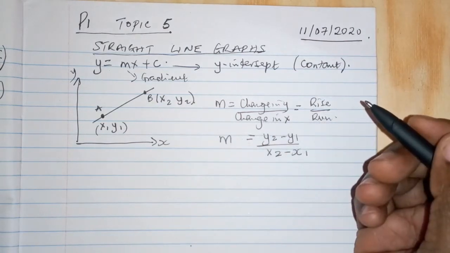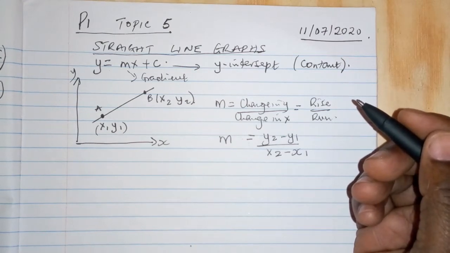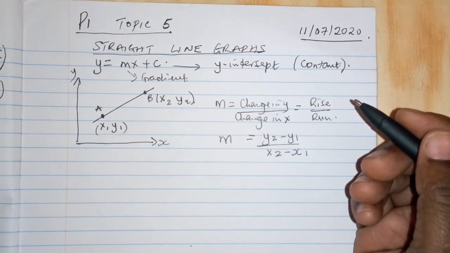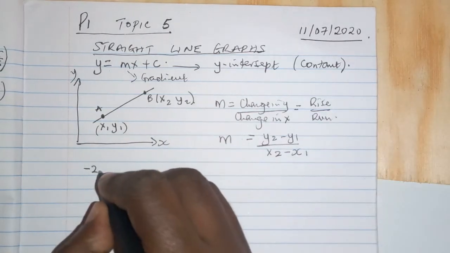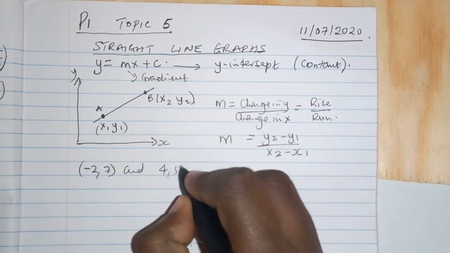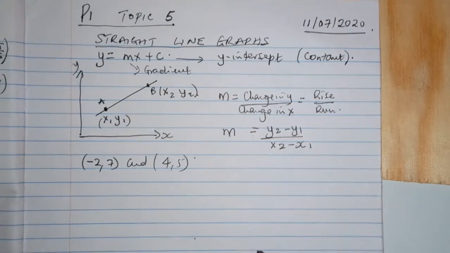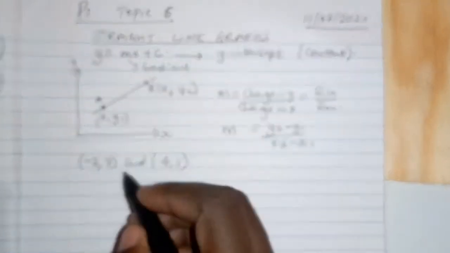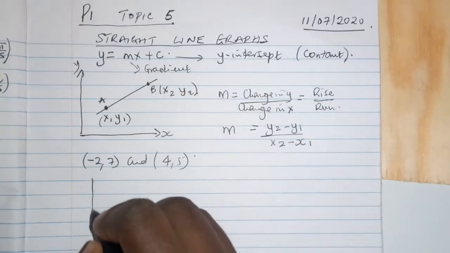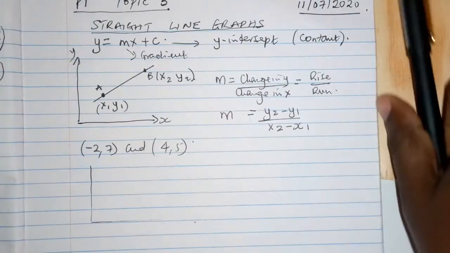And I want us to go straight to example 1, which asks us to work out the gradient of the line joining the points minus 2, 7 and 4, 5. Yes, you may sketch this straight line, which is going to appear something like this.